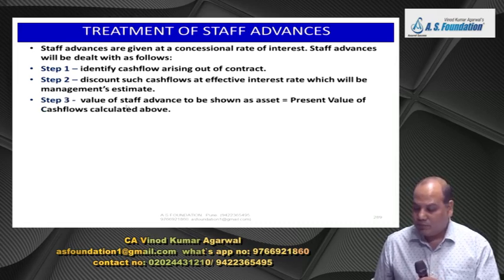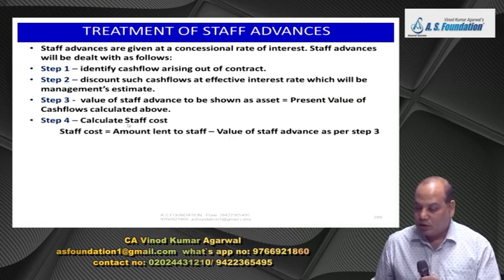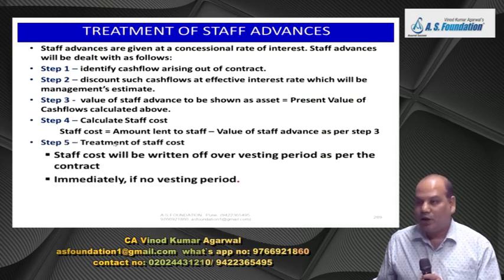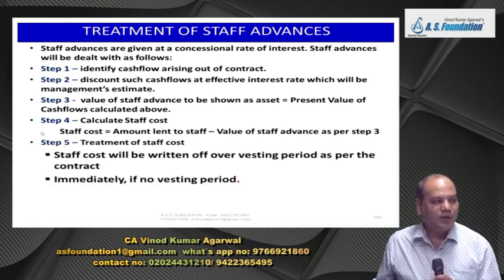And then value the staff advance to be shown as an asset. That means the fair value of the loan will be present value of cash flow calculated in step number 2. And then the difference between the amount actually given as loan to the staff and the fair value of the loan calculated above will be treated as staff cost or employee benefit expense.